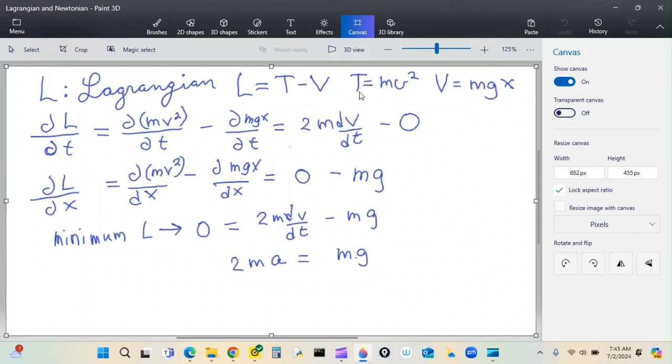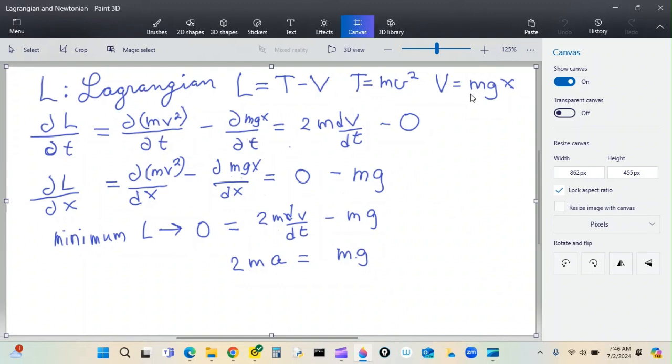So let's talk about the kinetic energy as m times v squared. Now you might be expecting me to put 1/2 v squared, but don't worry, we'll fix that later. The potential energy of one of the most common things that we deal with is the force of gravity.